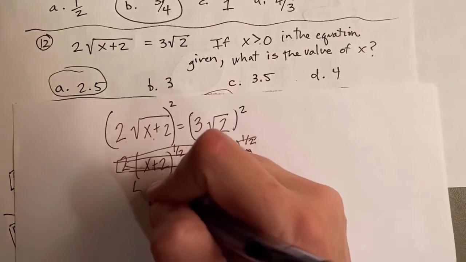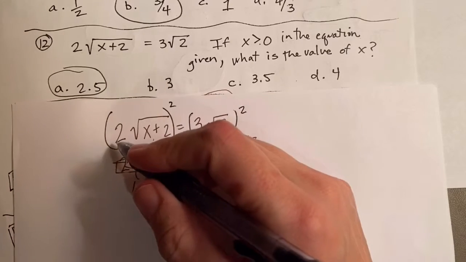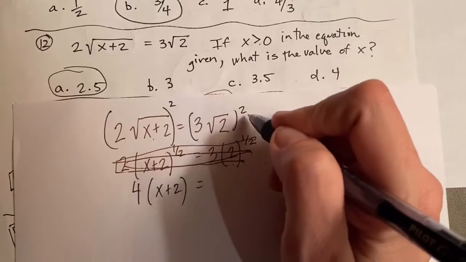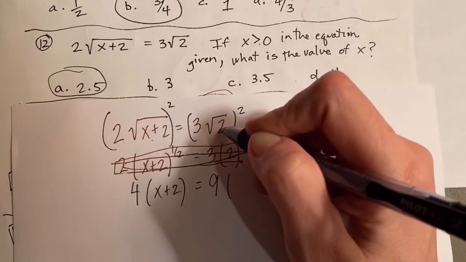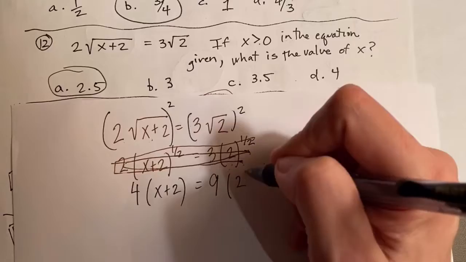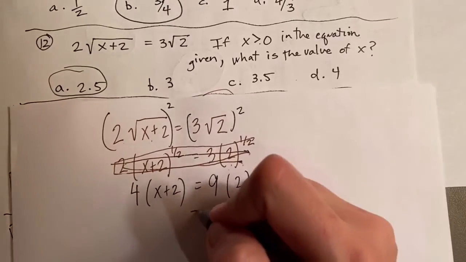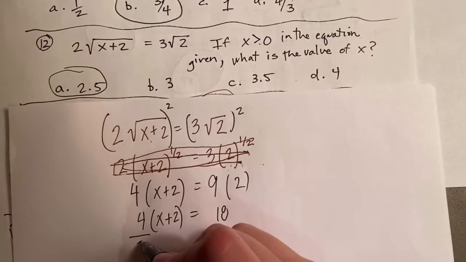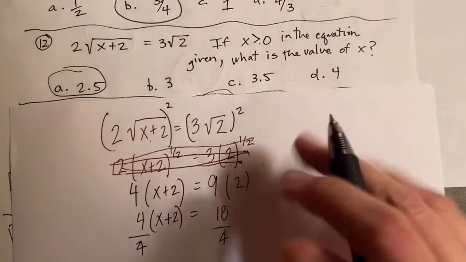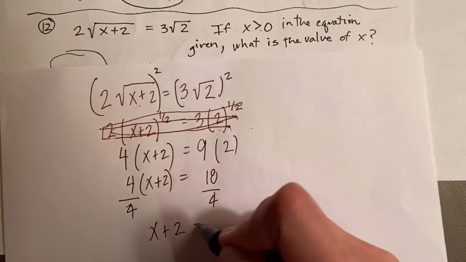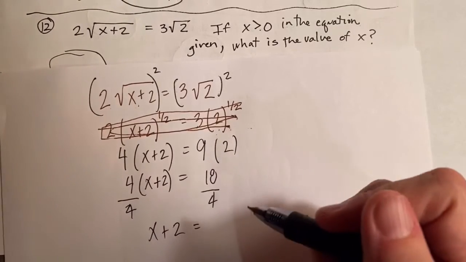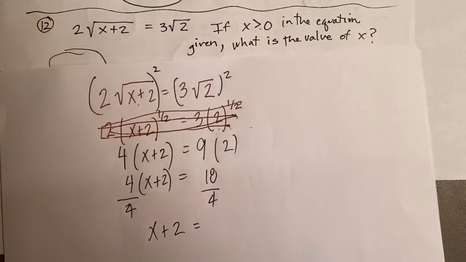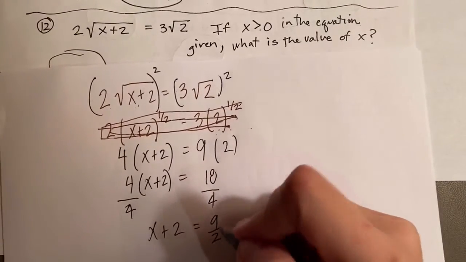Let's try that. So I get 4, because that's 2 squared, times x plus 2, is equal to 3 squared would be 9, and the square root of 2 squared would just be plain old 2. So I get 18 is equal to 4 times x plus 2. So I'm getting close now. x plus 2 is equal to 9/2.